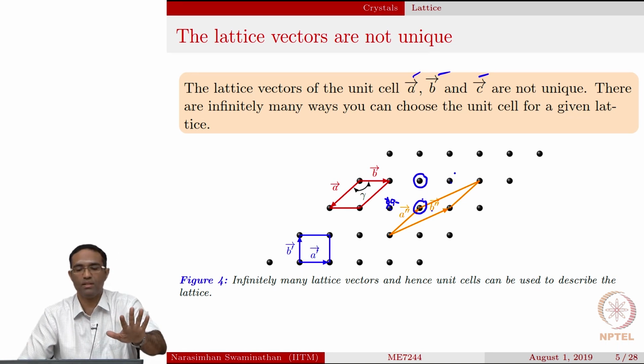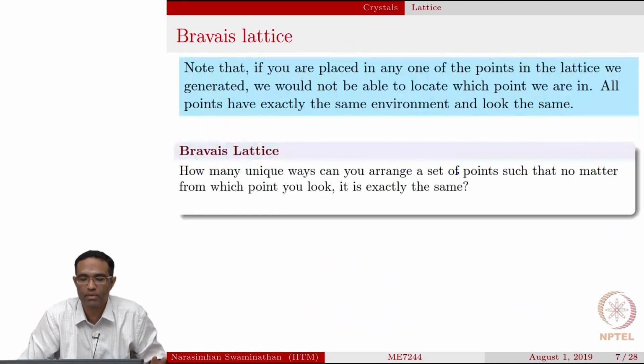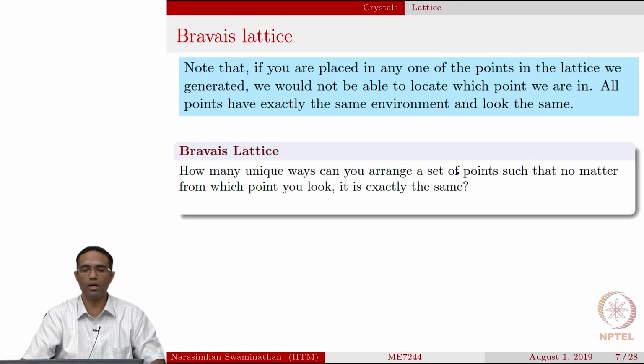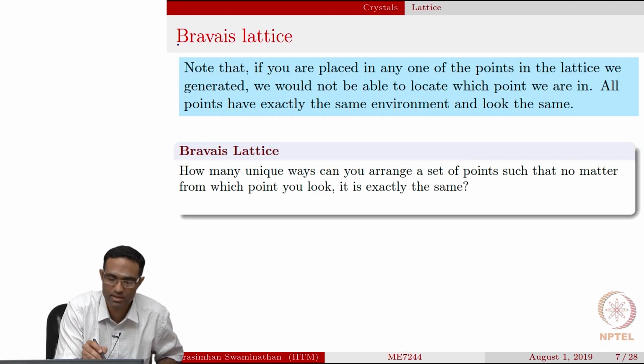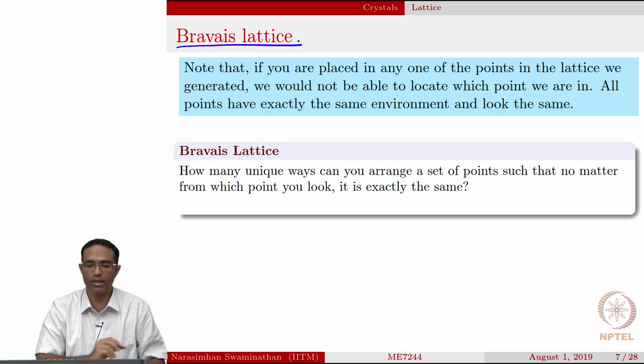Such lattices which look exactly the same from any lattice point are referred to as Bravais lattices.